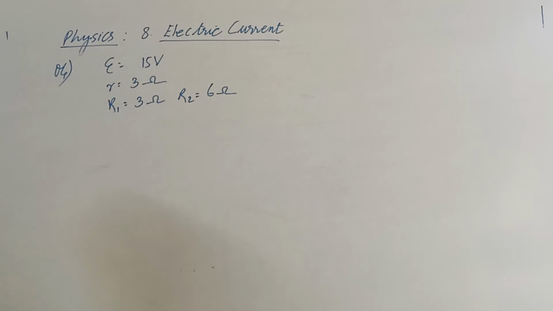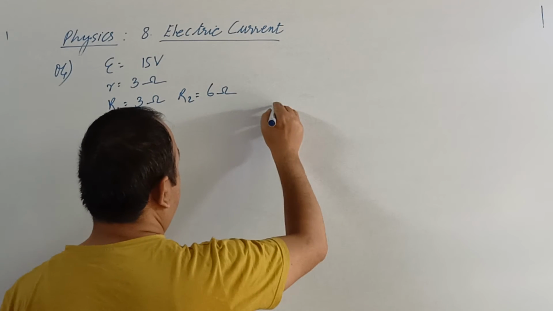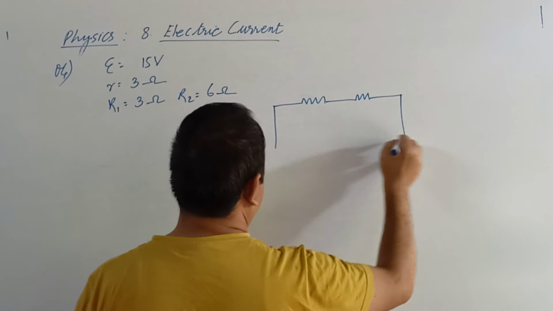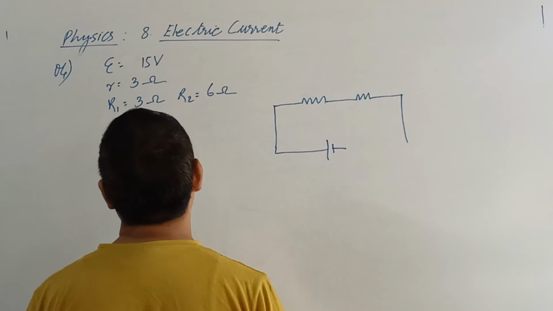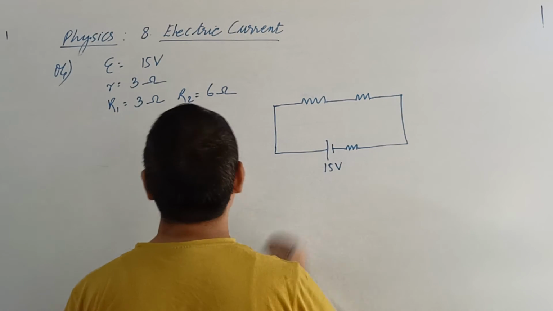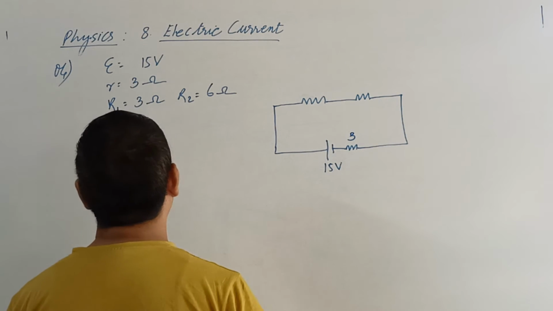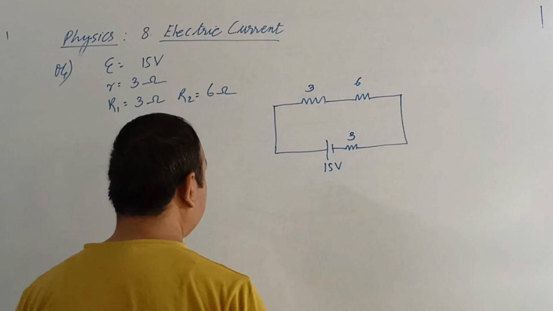Now the same thing we can show with the help of a circuit diagram. Two resistances are connected in series, and the EMF of 15 volt is applied. The internal resistance is 3 ohm, and the resistances in series are 3 ohm and 6 ohm.